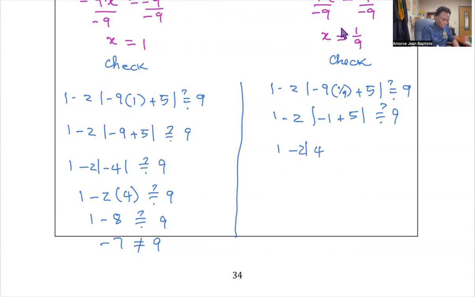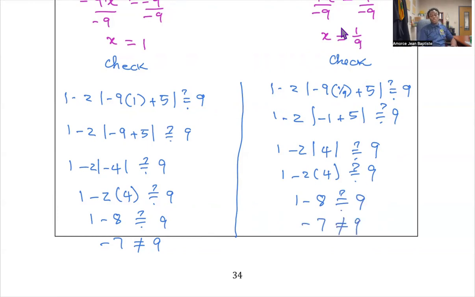Oh, there's a 2, 1 minus 2 absolute value of 4. Is it 9? 1 minus 2 times 4, is it 9? So 1 minus 8, is it 9? Negative 7 is not 9.